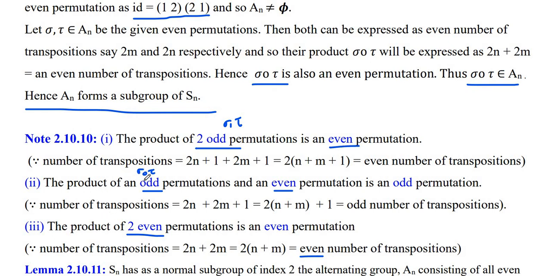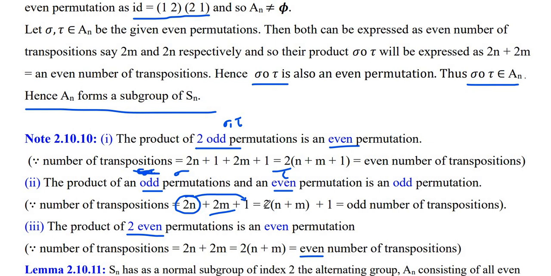And in the next one, sigma composition tau, sigma is odd and tau is even, say. Here 1 odd, 1 even. So sigma will be represented as 2n plus 1 number of transpositions, and tau will be represented as 2m number of transpositions.